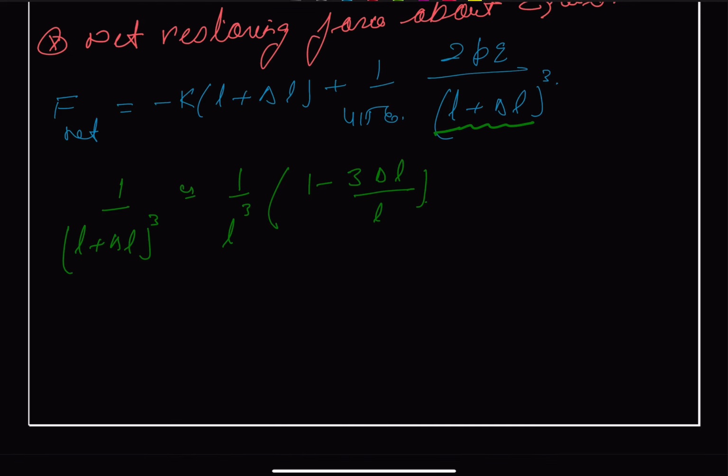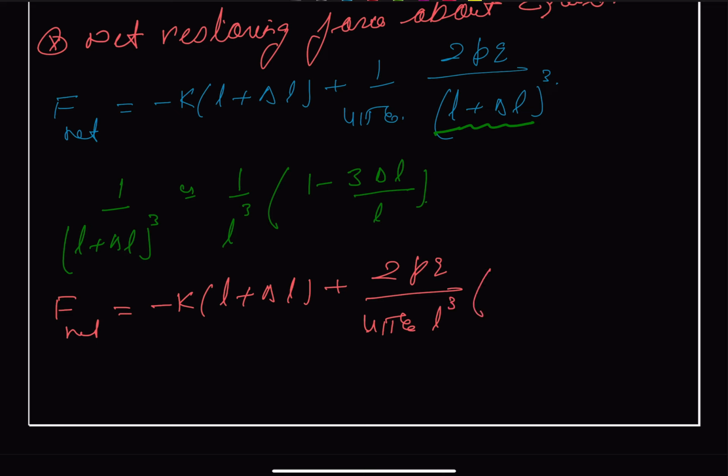So we substitute this value into the net force, so we get our F net will be equal to minus K (L plus delta L) plus 2pq upon 4 pi epsilon naught L cube times (1 minus 3 delta L upon L).